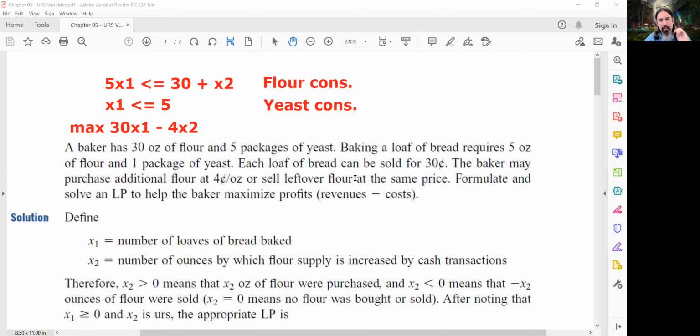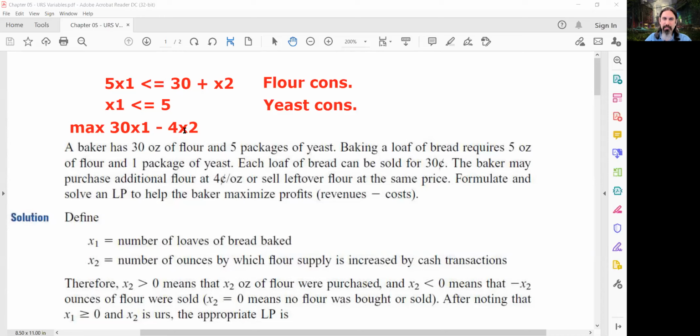Now, as you can see, x2 is the number of ounces I'm buying for the flour. So the more I buy, the more of a cost I incur. I could also write, if the prices were different, I had to do something else, but as the buying and selling is the same, I can just write 4 here. If x2 is negative, then I'm selling that excess flour and I'm getting more money for it.